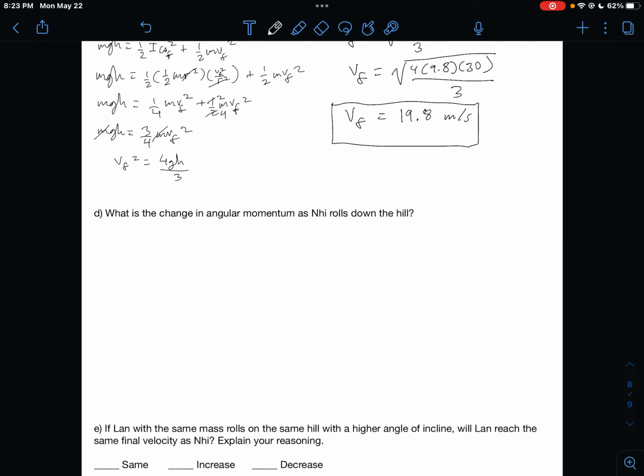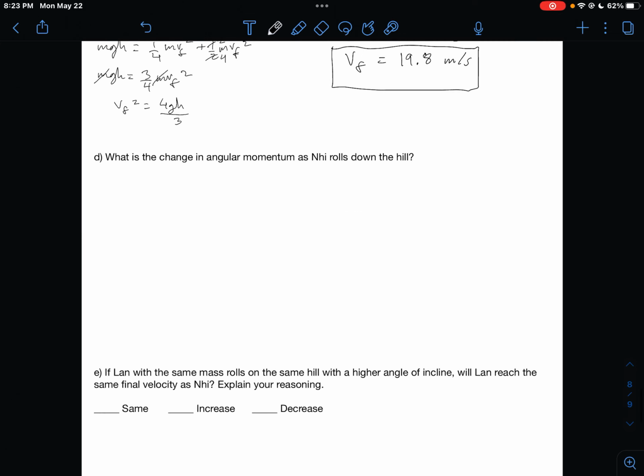Anyways, part D asks, what is the change in angular momentum as Yi rolls down the hill? So I know that impulse equals change in angular momentum, and impulse can also equal moment of inertia times change in angular velocity. So if both of these equal impulse, I can set them equal to each other to find angular momentum.